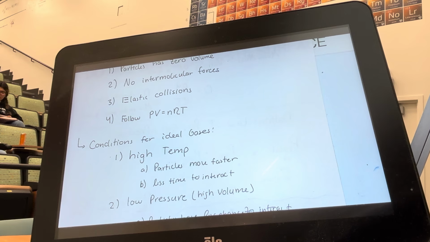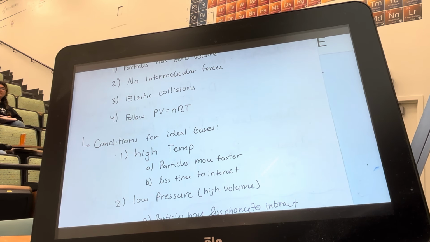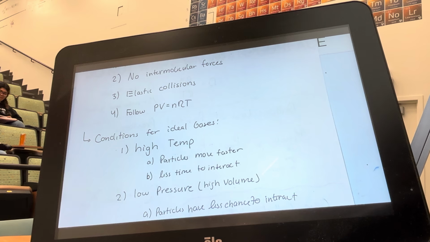Cool. So that's basically the rundown of an ideal gas on a conceptual level. But now what happens to real gases? So what are real gases? Real gases have a finite volume, meaning their volume exists, and they experience intermolecular forces.